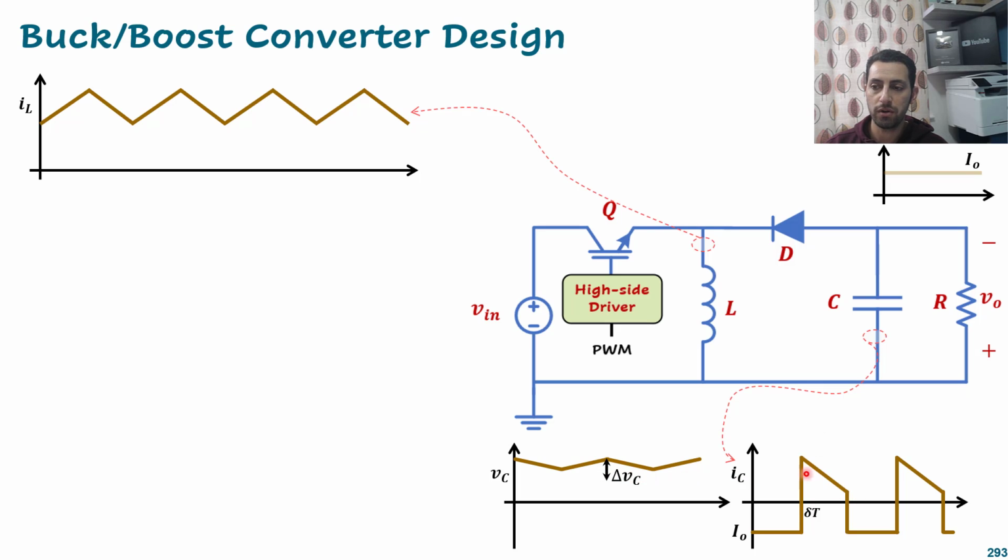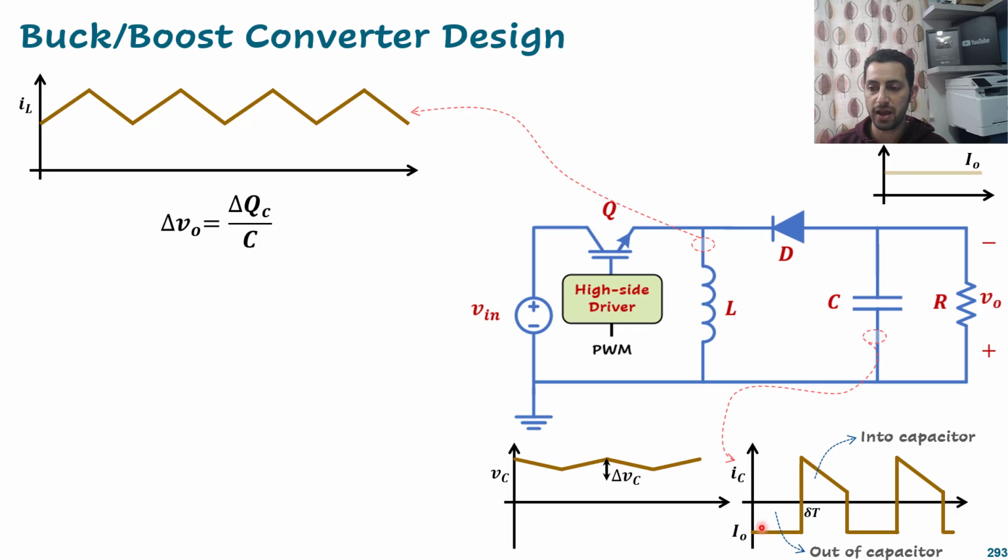So to know the ripple, we know the equation of the voltage across the capacitor equals the charge divided by the capacitance. But what is the charge? The charge is related to the current we are pushing or taking out of the capacitor. At that time we have some charges coming out of the capacitor, and at that time we have some charges coming into the capacitor.